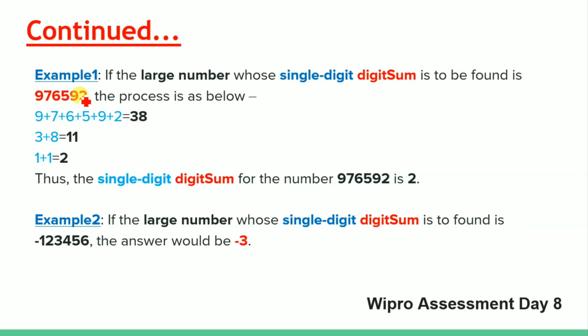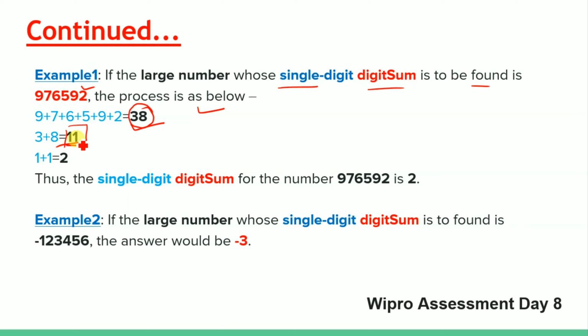Here is the first example: if the large number whose single digit sum is to be found is 976592, the process is as follows. We add all the digits present in 976592, and the result is 38. Then we again perform the addition on 38, that is 3 plus 8 equals 11.